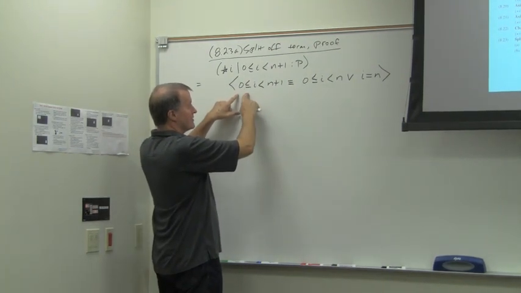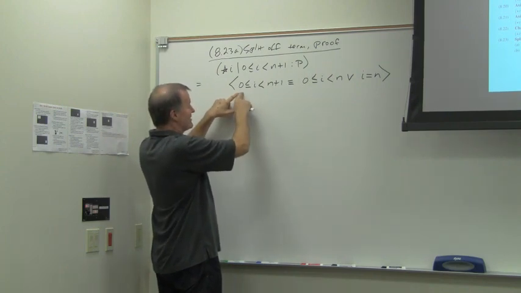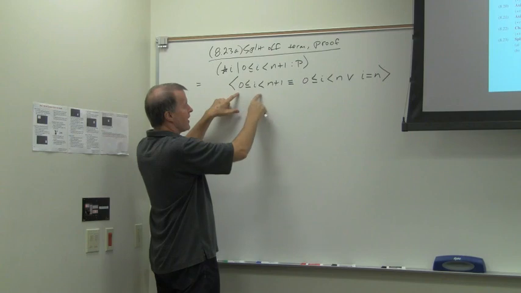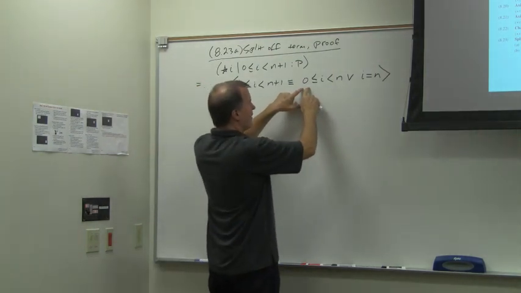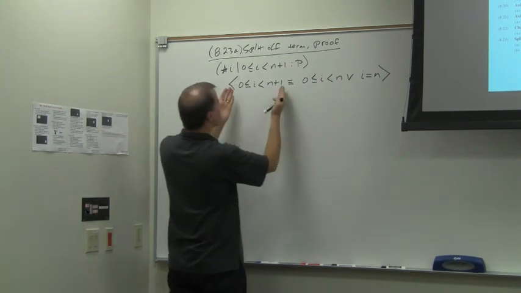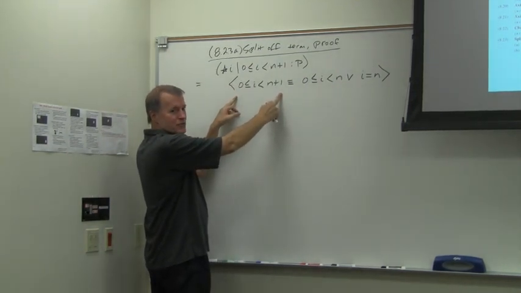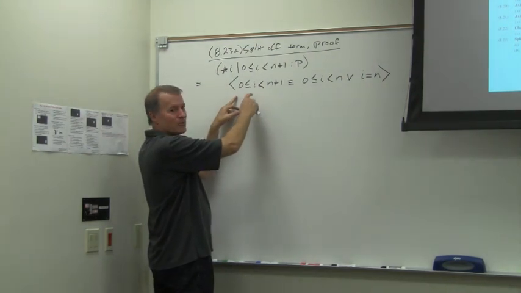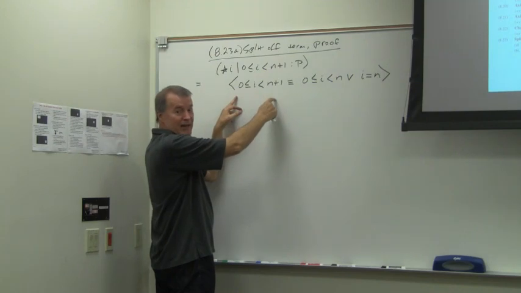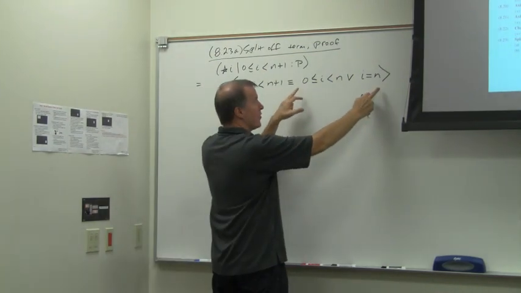The possible values of I are 0, 1, 2, 3, 4, 5, all the way up to n, right? This is a Boolean expression. When is it true? It's true when I is 0, 1, 2, 3, and it's true when I is n. Are you with me? Now, when is this whole thing true?